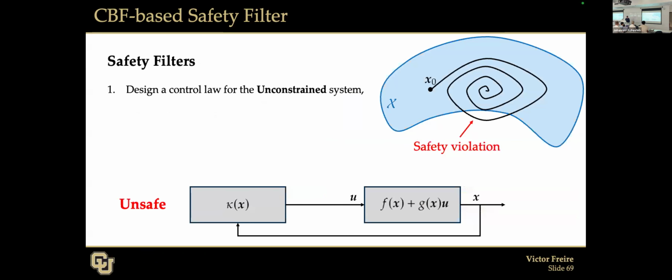So, giving a little bit of an abstract figure for what this means for the whole safety filter approach. Let's imagine we have a system, and we've designed a controller for it without regard for safety. Maybe that's the performance of our system. It's violating the constraints because we didn't care about them when we designed the nominal controller.